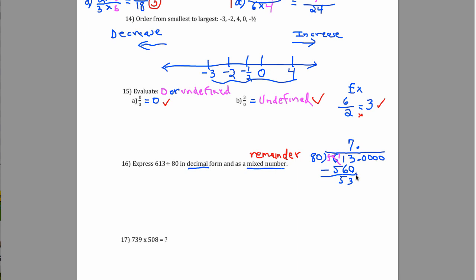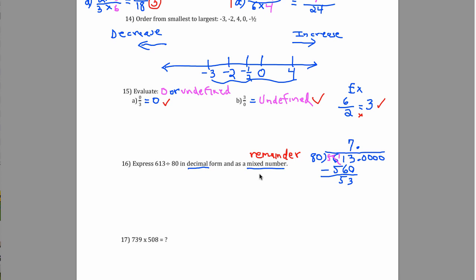So at this point, if we were calculating the mixed number portion, we'd have all the information we need, because we do not go past the whole number part of the answer. We do not go into the decimal part of the answer.